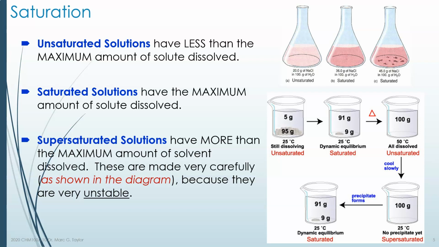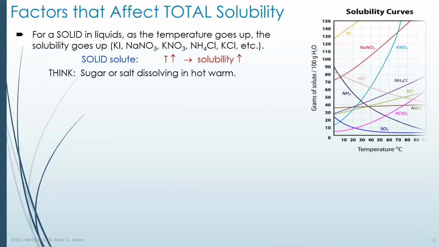And then if you literally just touched the glass, picked it up, bumped it, tapped a pencil against the glass, instantly 9 grams would come back out of solution, what we call precipitating, what we colloquially call dropping out of solution or falling out of solution. Precipitate would be the correct word, and that 9 grams would come back out, and we would go back to our normal saturated solution of 91 grams in the water or whatever solvent we're using.